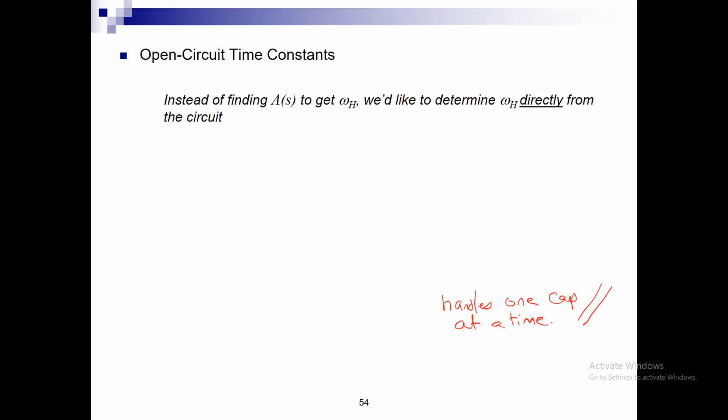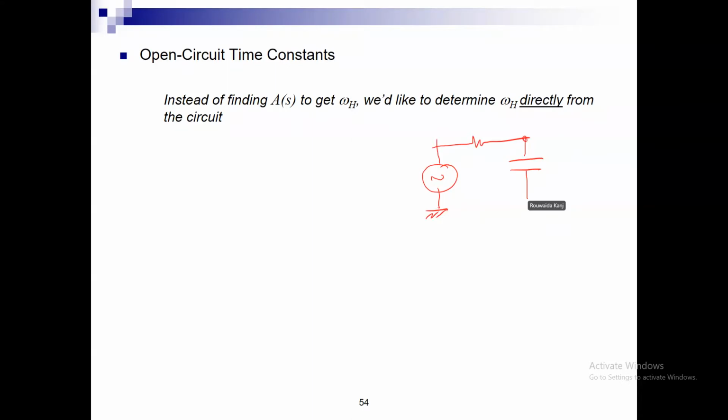So for this method, if we want to put forth the rule, let me assume that I have a simple VSIG and a resistor R and a capacitor here. Let us say that this is R sig and that this is VSig and this is C1.